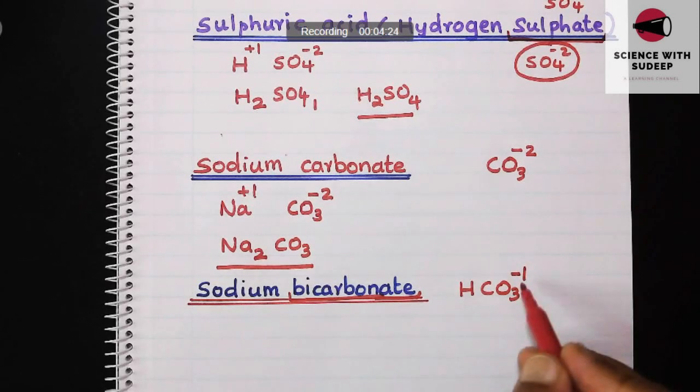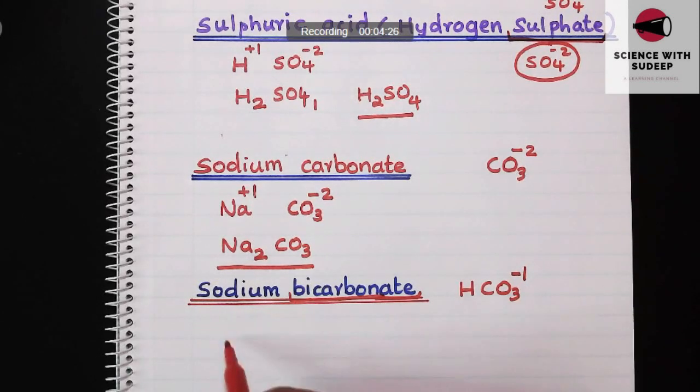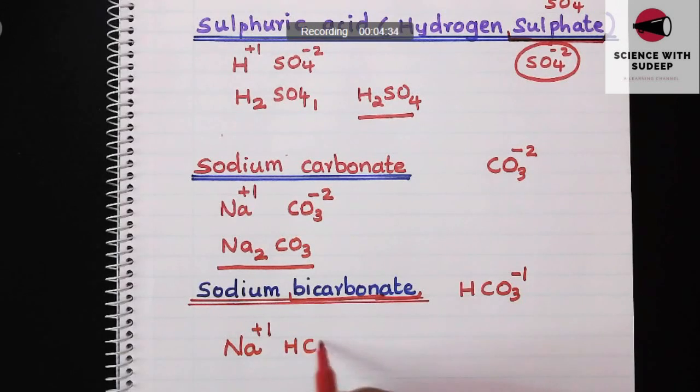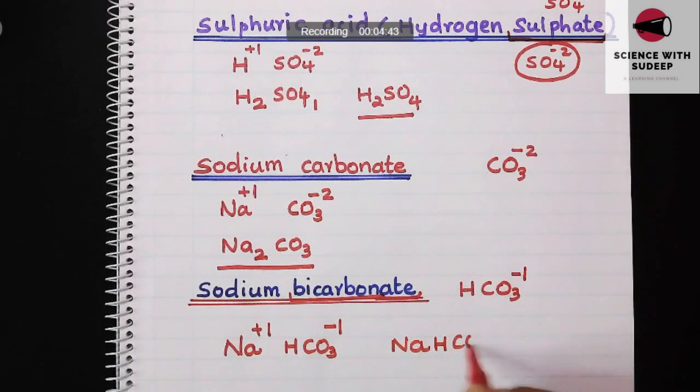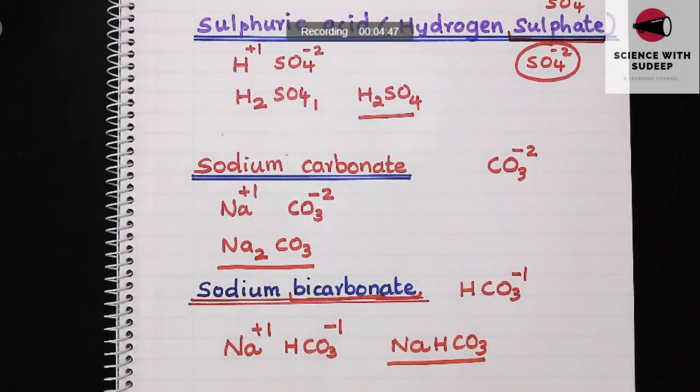Sodium, Na stands for sodium. It's in group number 1. Valency is +1. Bicarbonate is -1. The 1 will come here, and this one will go that side. So you will get sodium bicarbonate like this. This is the chemical formula for sodium bicarbonate, NaHCO3.